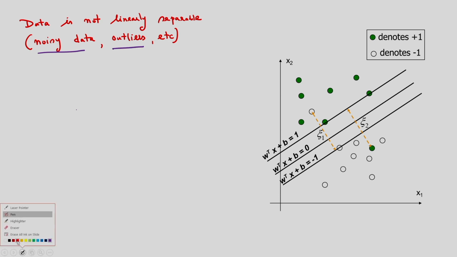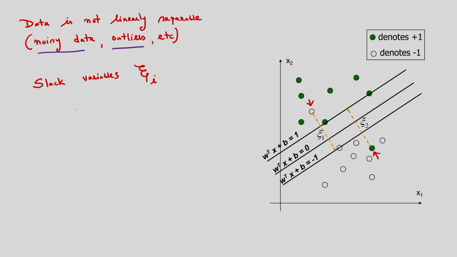For the case of noisy data and outliers, we are considering slack variables, xi. The slack variable xi is considered to allow misclassification of the difficult or noisy data points. In the figure you can see one difficult point, and similarly another difficult point, which are the noisy sample points or outliers.